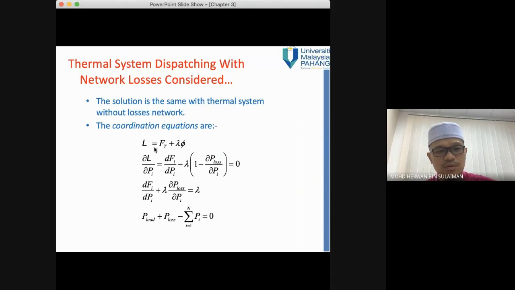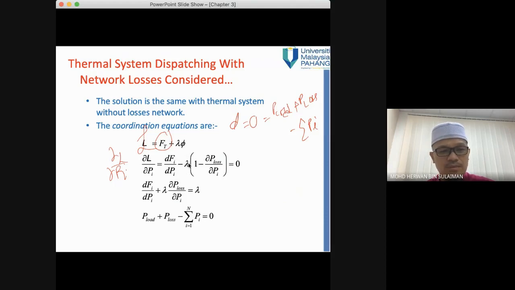So we apply our Lagrange function to the cost function and the equality constraint. So we can see here Ft plus lambda phi, right? Remember that our phi now is 0 equals P load plus P loss minus the summation of Pi. Okay, and then we do the partial derivation of the Lagrange function with respect to Pi. So we do the partial derivation of each individual cost function with respect to Pi.